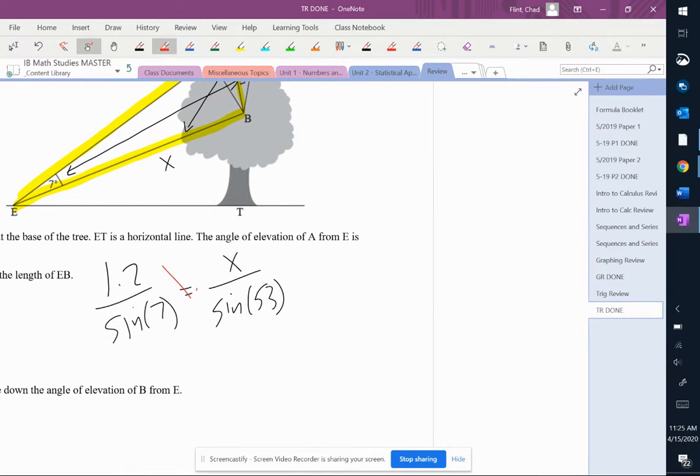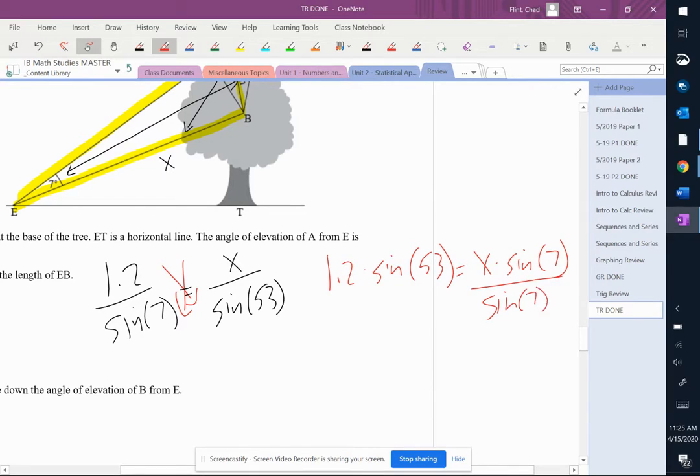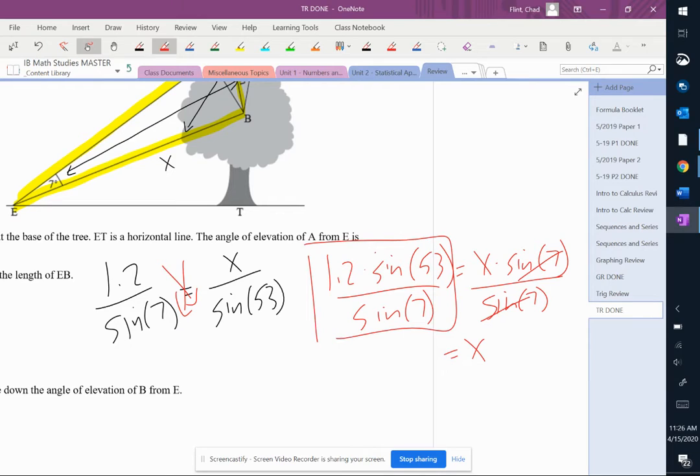So I'm going to cross multiply that, and I'm going to get 1.2 times the sine of 53 equals x times the sine of 7. I'm going to divide by the sine of 7, and this is going to give me the answer for that. So that is going into the calculator just like that.